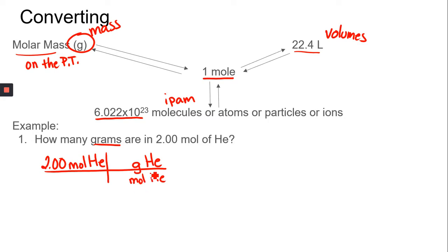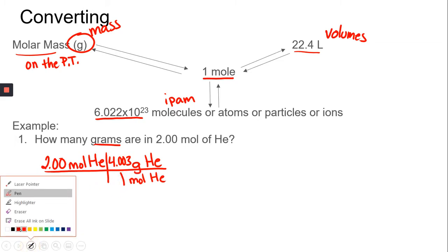Looking at mole, the number that's going to go in our conversion is 1, because 1 goes with mole. The number that goes with grams is the molar mass that's on the periodic table. So we look at the periodic table, we find the molar mass of helium, and we put it next to gram.